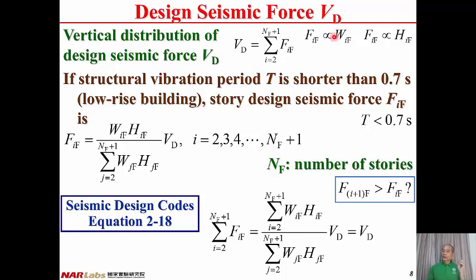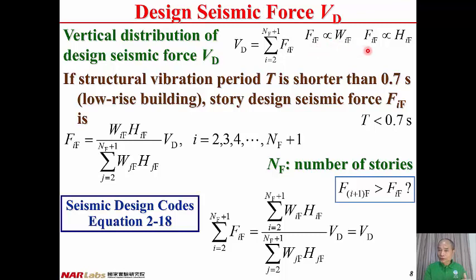Well, now we have three conditions. The first one, the summation of all story design seismic forces equals the design seismic force Vd, or design base shear Vd. Second, Fi^F, the story design seismic force, is proportional to its weight.